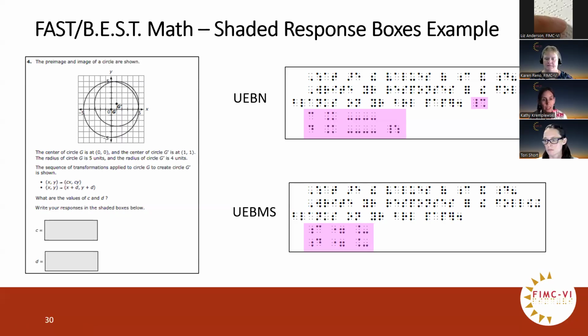While UEB includes the grade 1 symbol indicators in front of the letters to ensure they're read as letters and not read as contractions. So you've got the grade 1 symbol C, and then a low line, then the equal sign, and then a low line, and then the grade 1 symbol D, and the equal sign, and a low line. Also note the different ways the lines are represented, long dash versus the low line.